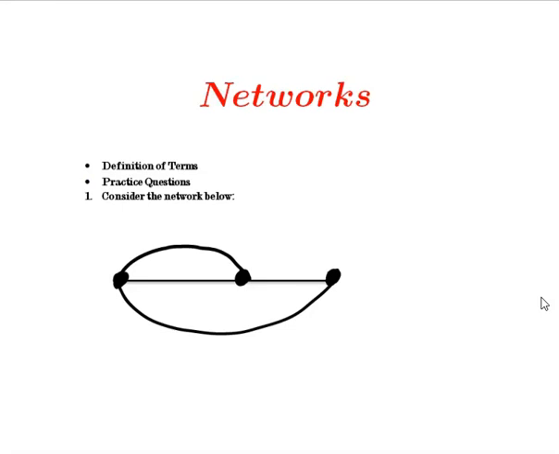Another way of verifying that a network is traversable is that it has only even vertices or exactly 2 odd vertices.